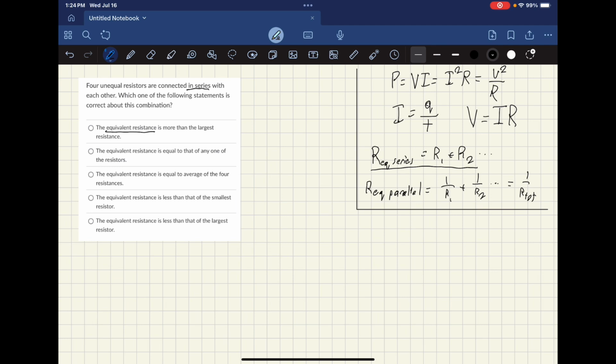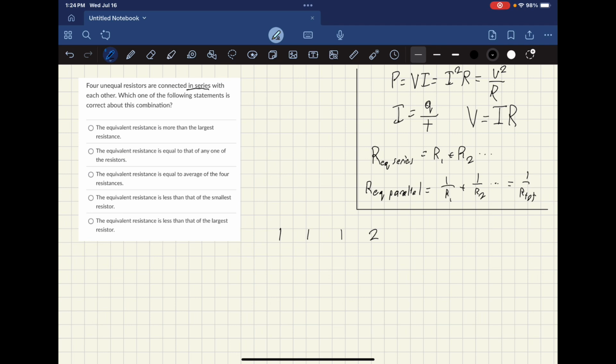So let's go through them. Equivalent resistance is more than the largest resistance. We know that this is true because let's say that they're all 1 except for one of them, which is 2. So we have 1, 1, 1, and 2, and then these are our 4 unequal resistors. Or I guess these 3 are equal.